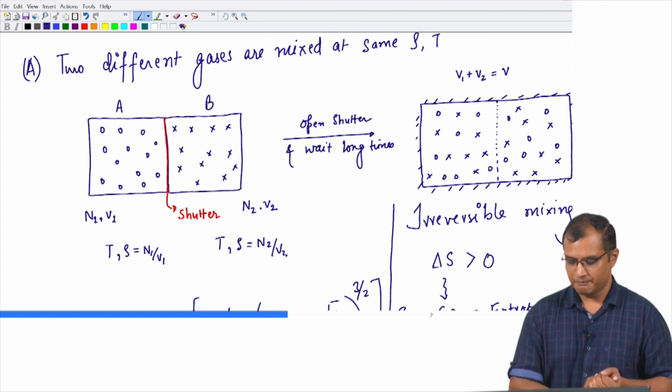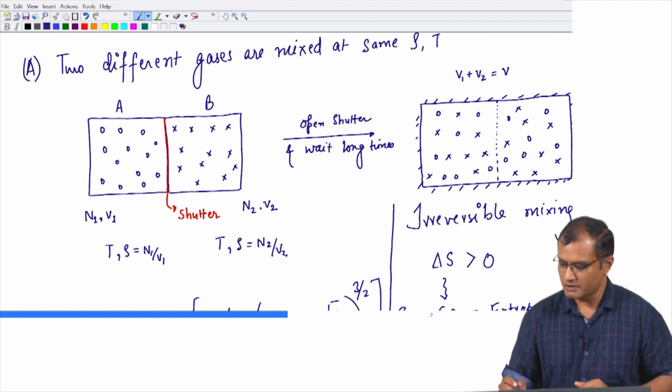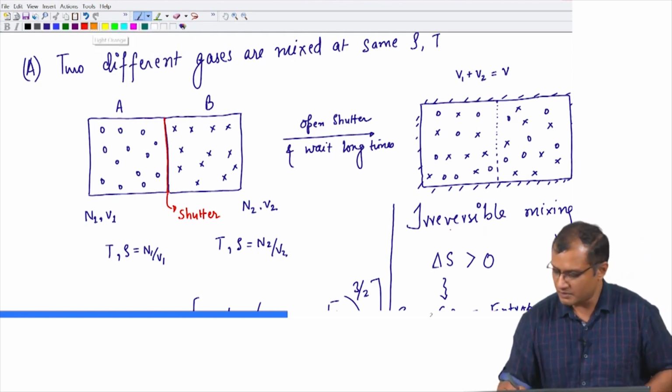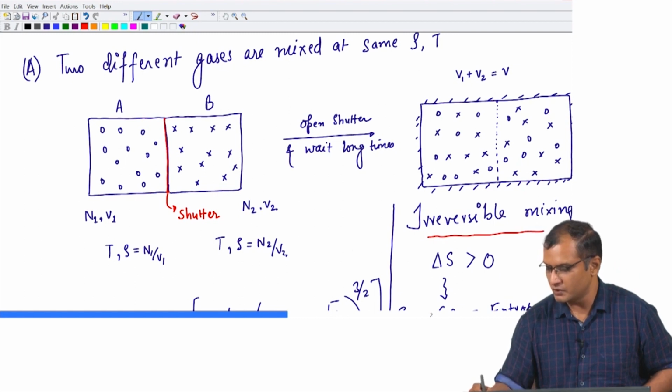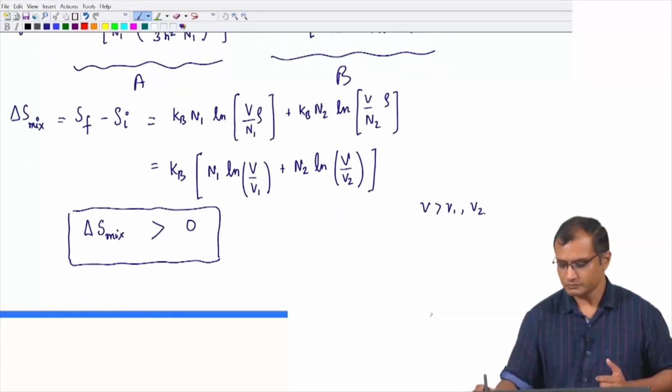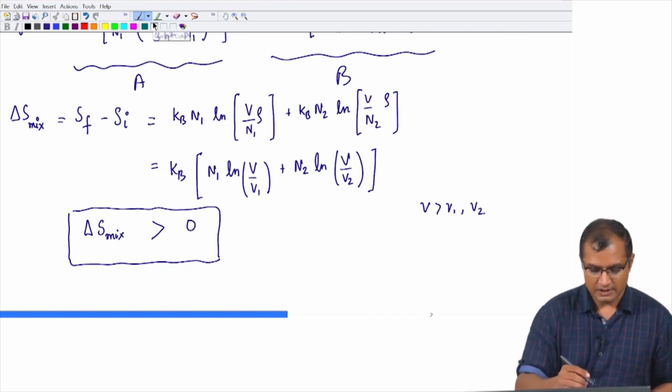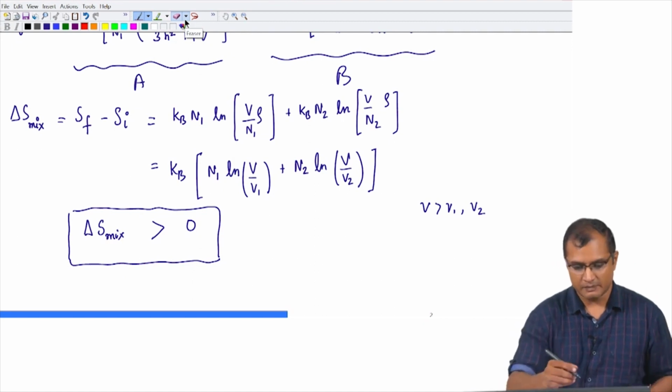So, by the pure nature of the mixing, there will be a positive entropy of mixing. So, basically I will say that my entropy of the universe has increased. So, the total entropy of the universe is precisely increasing by a factor delta S mix.